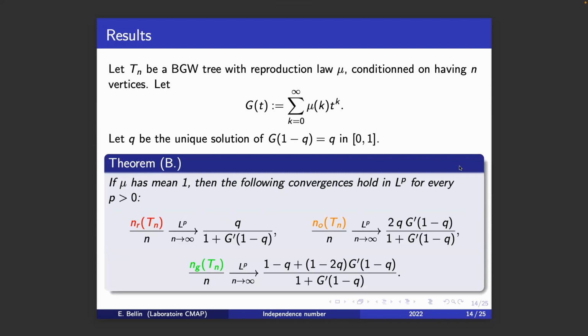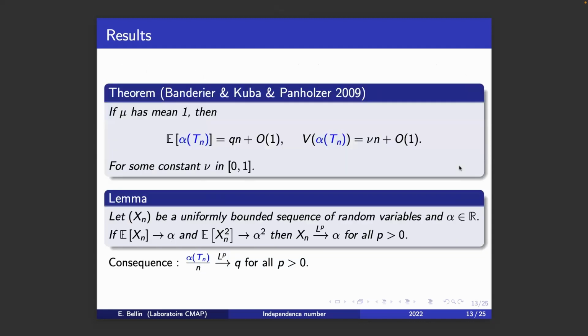Notice that those constants are real constants, they are not random. And in those constants, you can see that Q appears, and we also have G prime of 1 minus Q that makes its appearance. And of course, with that, we can retrieve the previous convergence as a consequence.